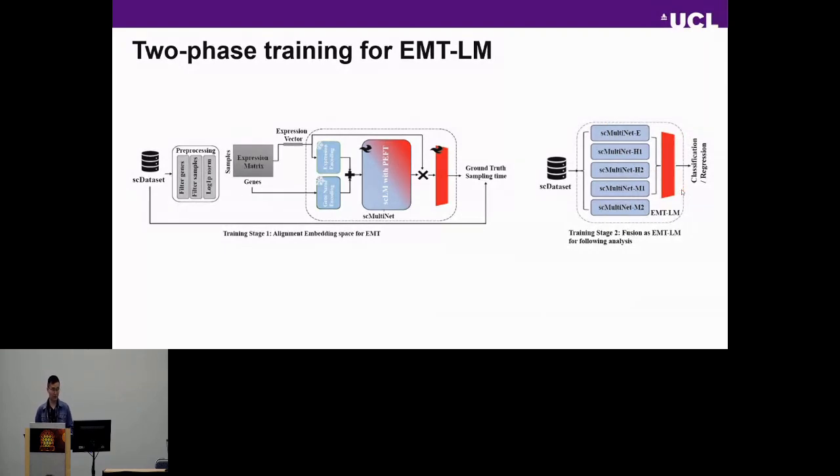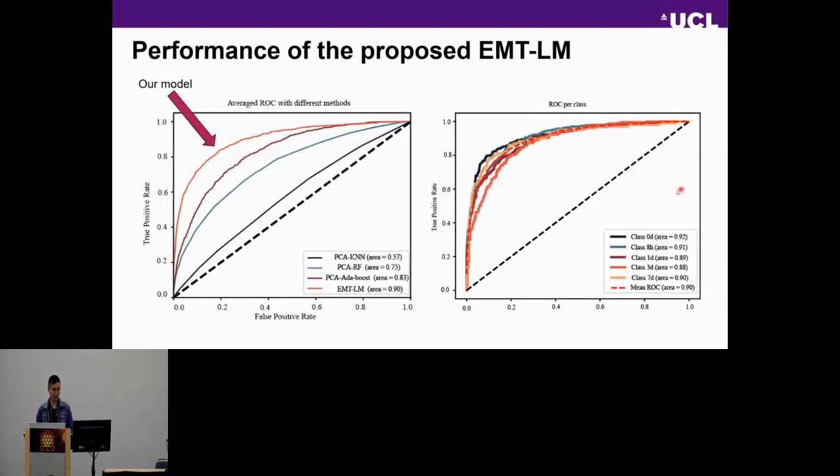We achieved fairly good performance compared with traditional machine learning algorithms such as KNN, Random Forest, and AdaBoost, and for each independent cellular point we achieved good performance. Let's go back to the embedding space and see how it goes.